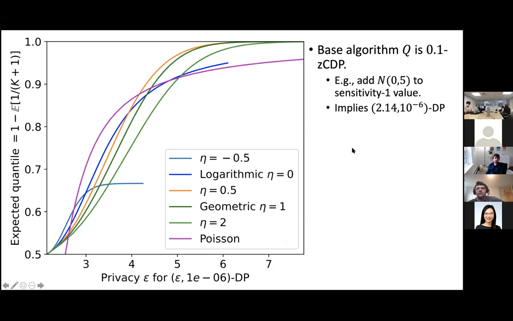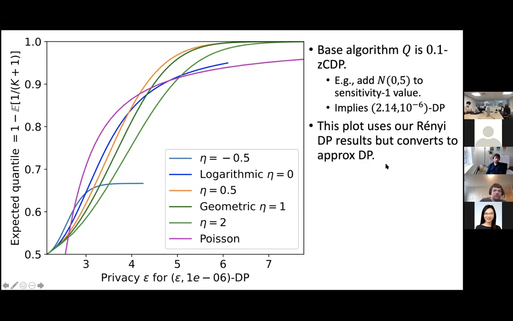As an application, it gives you something like 2 times 10 to the minus 6 differential privacy. If you're not familiar with what this is, just think of it as a reasonable privacy guarantee. A lot of real world algorithms are at least well approximated by concentrated DP. Now the plot is using our results for Renyi DP, which I haven't told you yet, but it converts them back to approximate DP, so you don't have to think about the world of Renyi DP.